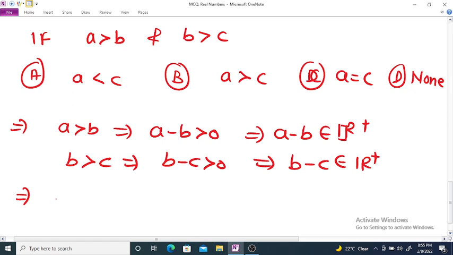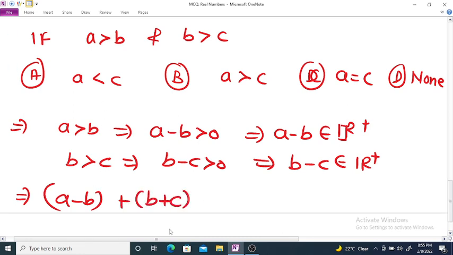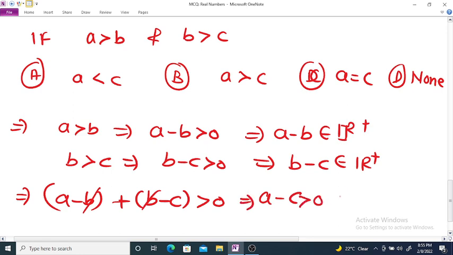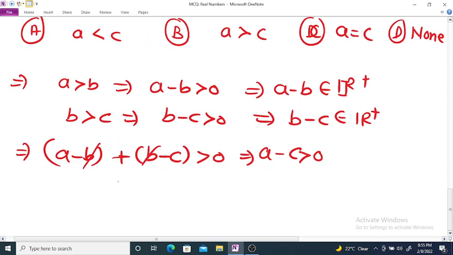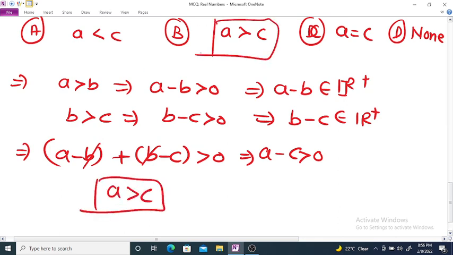So a minus b plus b minus c is also greater than 0. The b gets cancelled, and a minus c is greater than 0, which implies a is greater than c. So the correct option is a greater than c, option B.